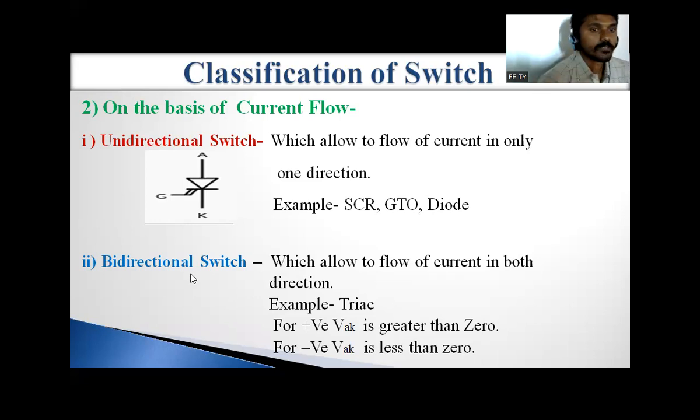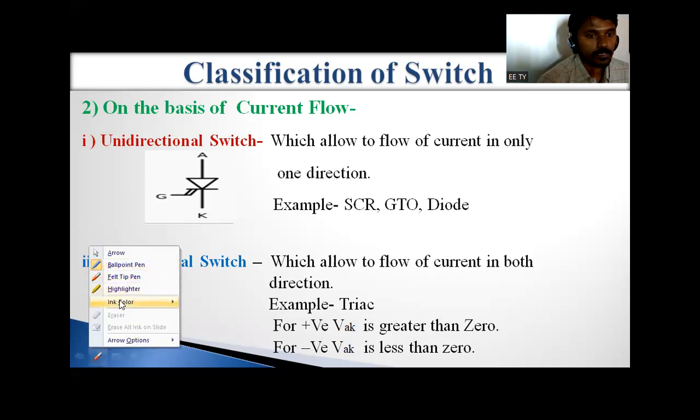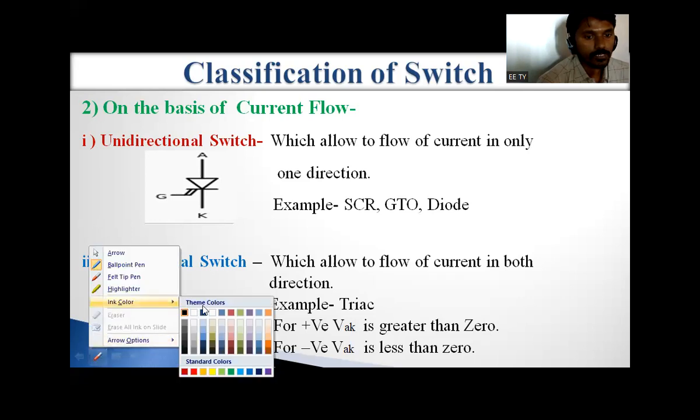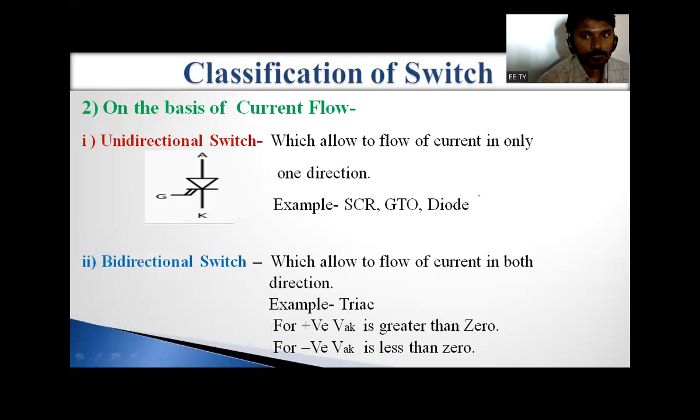So if the current is flowing from anode to cathode, okay, if the anode is positive and cathode is negative, so the diode is turn on or turn off? The diode is turn on, so the current is flowing. Is it clear?